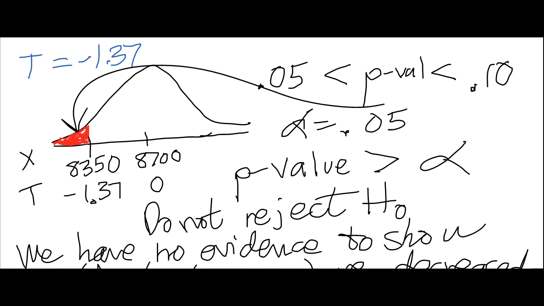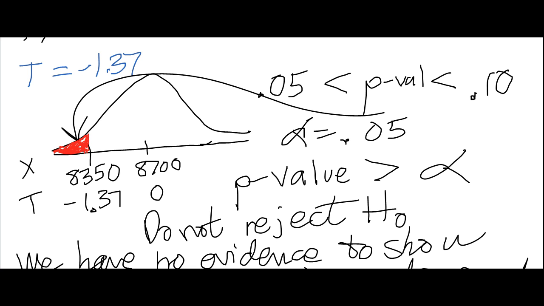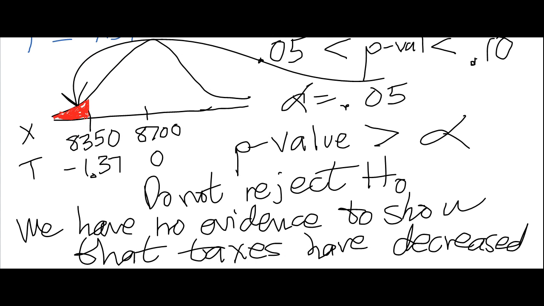Because again, the actual meaning of the p-value here is, if the null hypothesis is 8,700, we have between a 0.05 and 0.10 probability of getting the result that we got, the 8,350. That's not strong enough evidence. That's not below 0.05, so we don't have enough evidence to reject this null hypothesis. So hopefully this gave you a little bit of insight into what a p-value is and what it means.